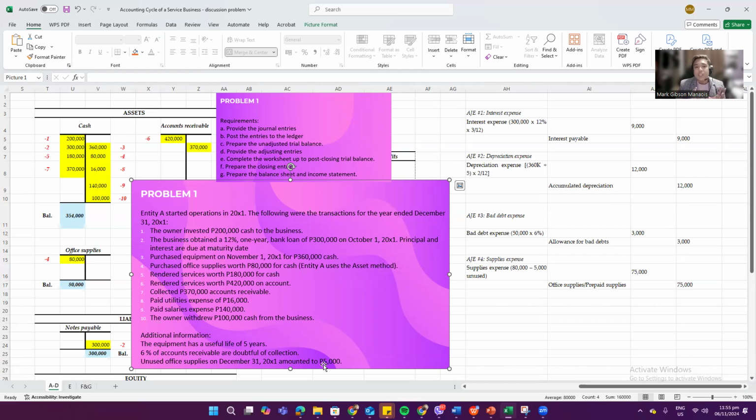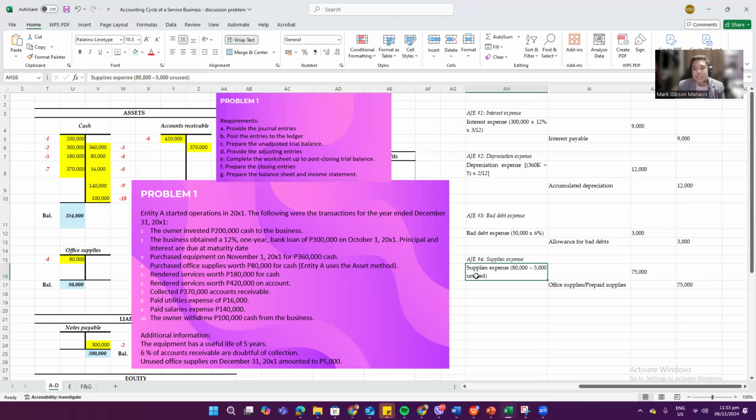Out of the 80,000 initial purchase of office supplies, 75,000 pesos worth has been used throughout the year. Therefore, we have to recognize the supplies expense. So debit supplies expense for 75,000 and credit office supplies for 75,000. So when we prepare our adjusted trial balance, the office supplies account will have a balance of 5,000 pesos only, representing the unused portion.